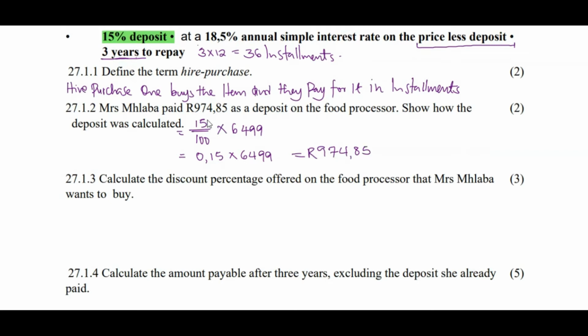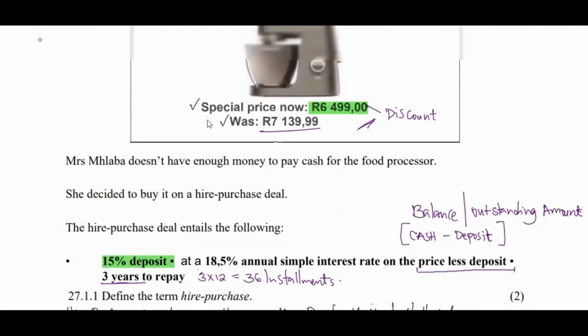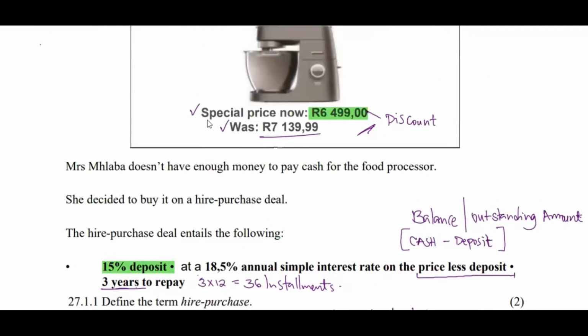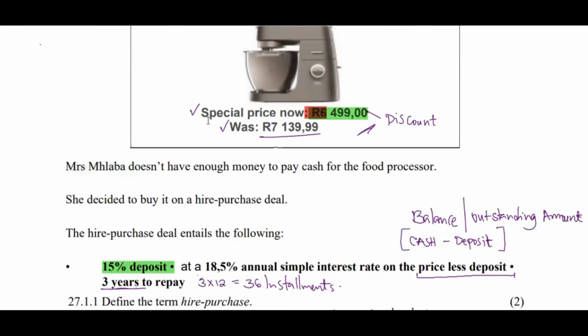Calculate the discount percentage offered on the food processor that Mrs. Mhlaba wants to buy. Discount. Remember, we looked at this. How do we get a discount? This value, the now value, and the was value.